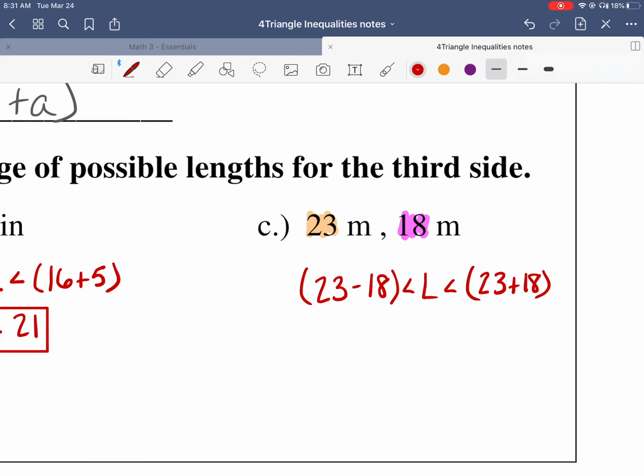So 23 minus 18 is 5. 23 plus 18 is 41. So the missing side of my triangle has to be between 5 and 41 in order to make it a triangle. As you begin working on the worksheet, if you have any additional questions, feel free to send me a message and I will gladly help.